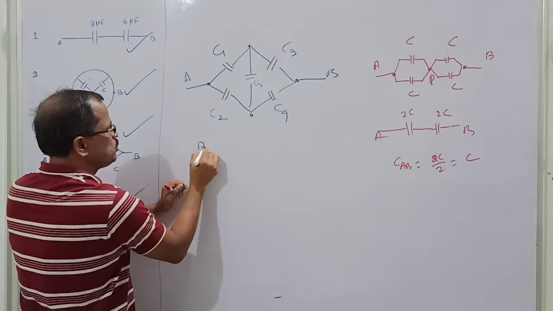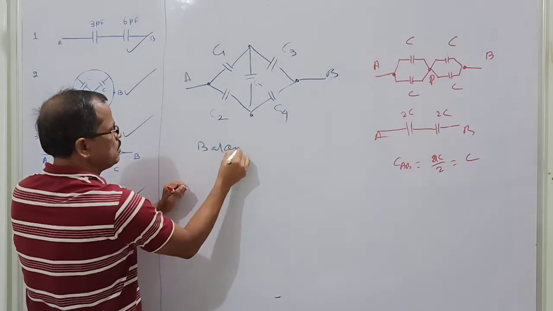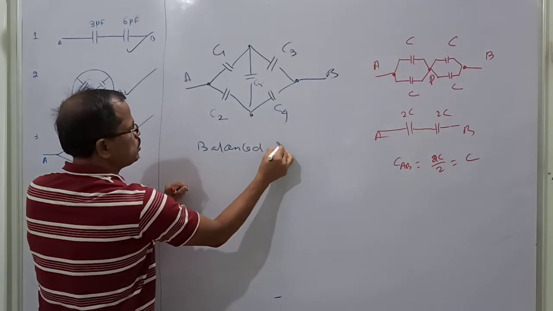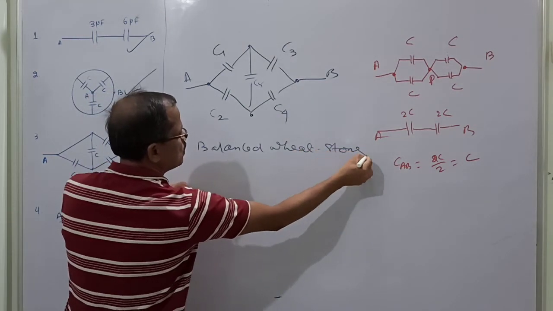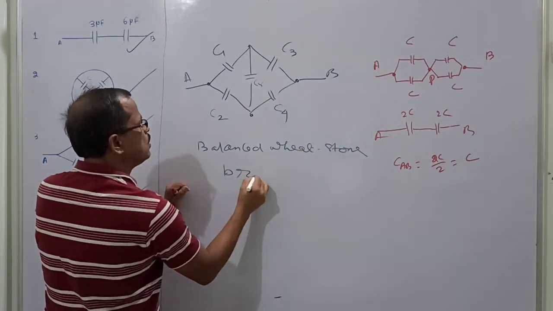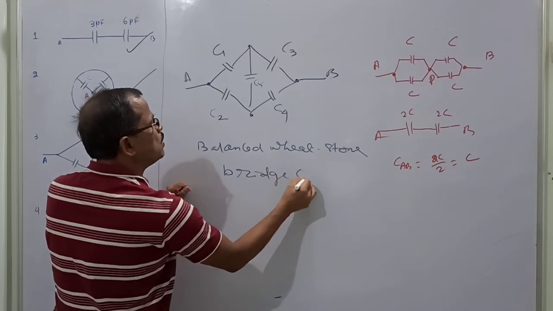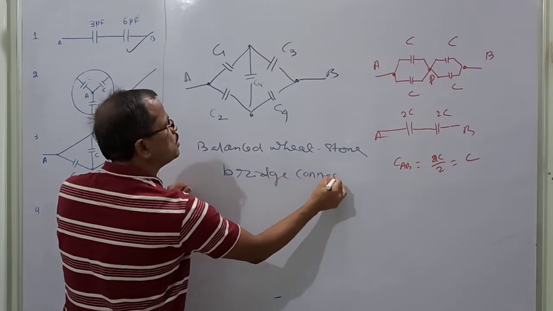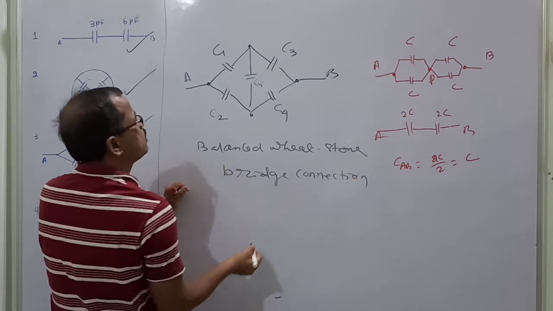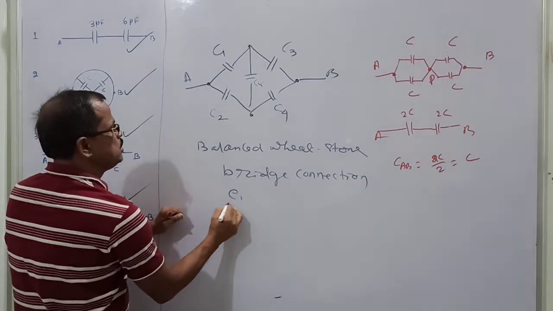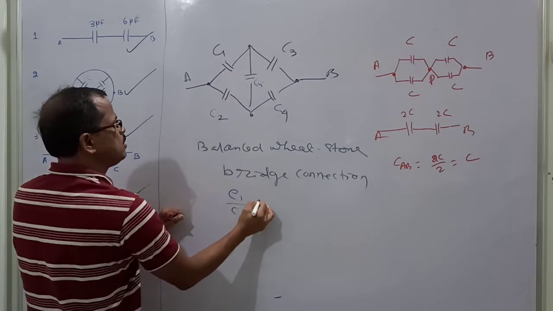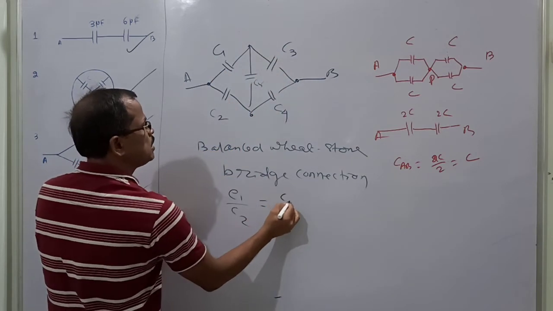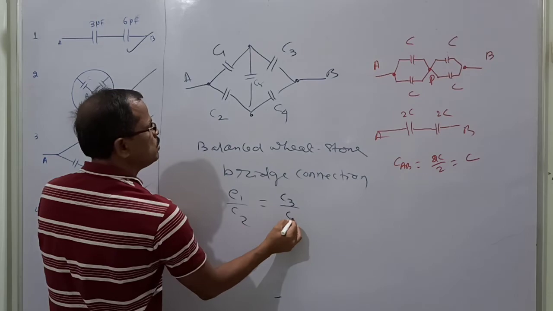For a balanced Wheatstone bridge connection, we can say C1 by C2, this capacitor divided by this capacitor, the ratio of these two capacitors is the same as the ratio of these two capacitors.